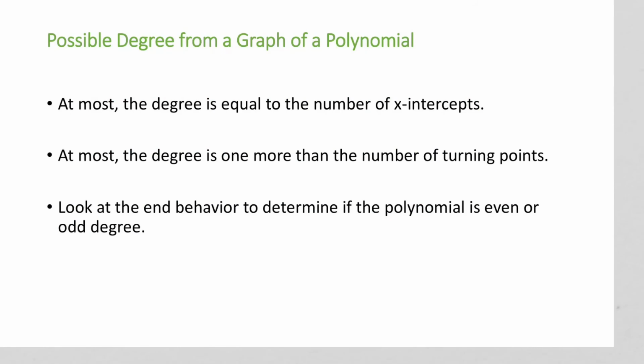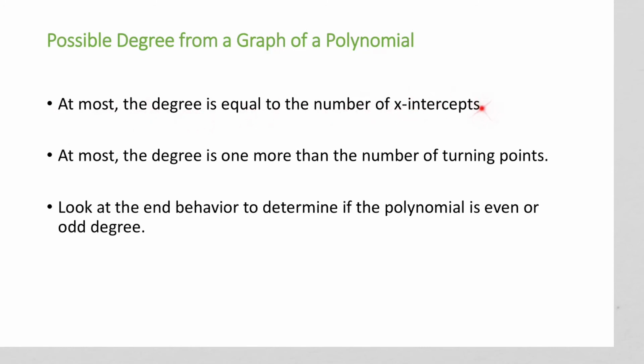Okay, now here's another idea. Polynomials are really cool to study because they have a lot of interesting connections and patterns that you can establish. So this slide here says, can we determine the possible degree from a graph of a polynomial? At most, the degree is equal to the number of x-intercepts.